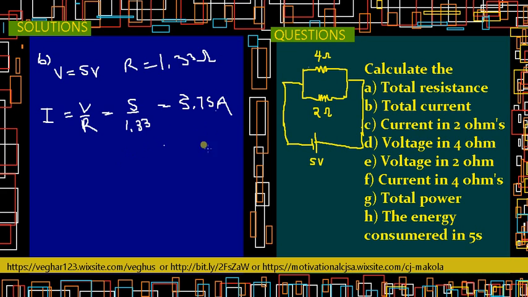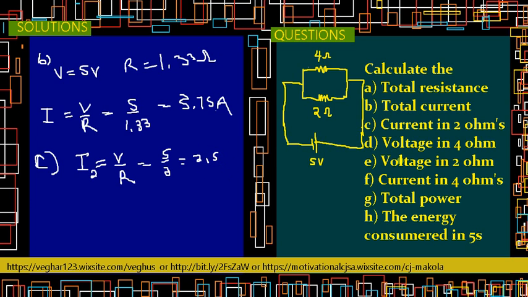Now the current in 2 ohms, the current that passes here. Because the voltage is the same in parallel, the voltage here and here is the same, we'll have I2 with the same voltage, 5 over 2, and then the current is 2.5.